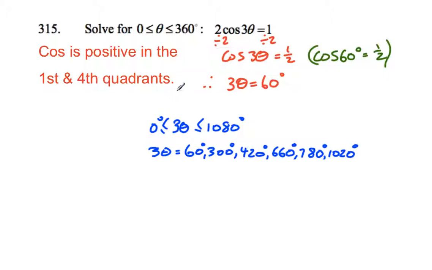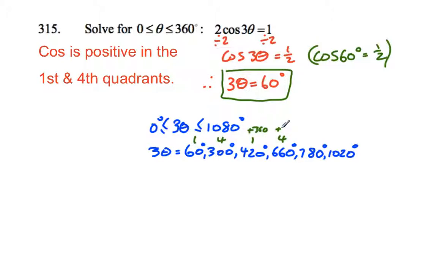3 theta. So 3 theta, if we're just considering that and just leaving it as this idea here, we have 60 degrees, which is the first quadrant, the first time around. So first and fourth quadrants the first time around. Then when you go another lap, you get first and the fourth quadrants the second time around by kind of adding 360 to it.